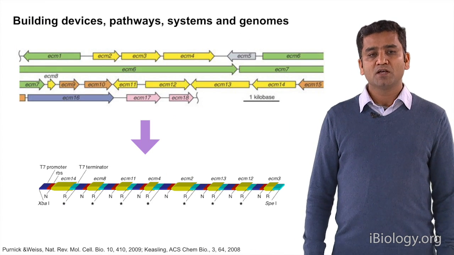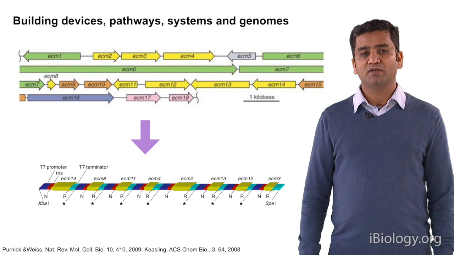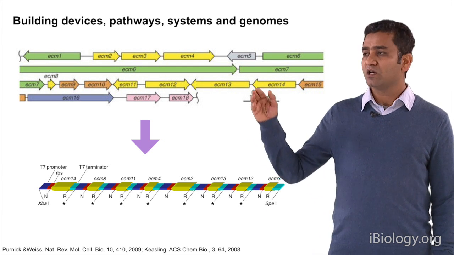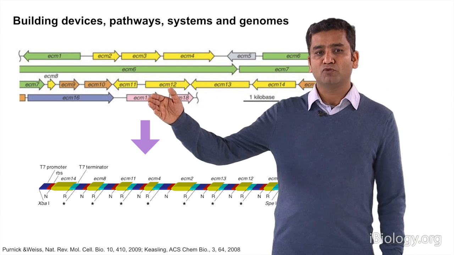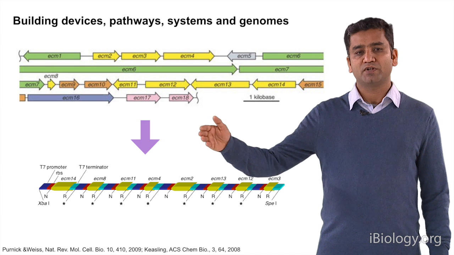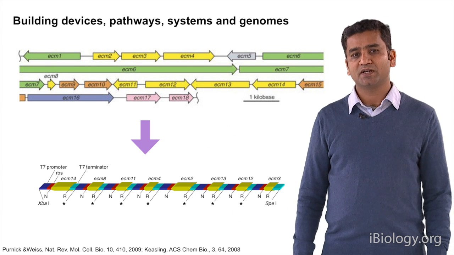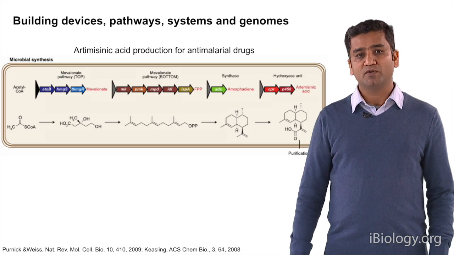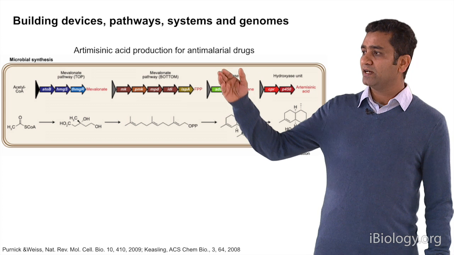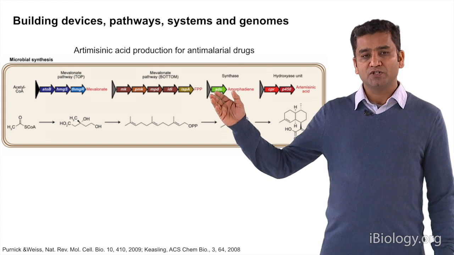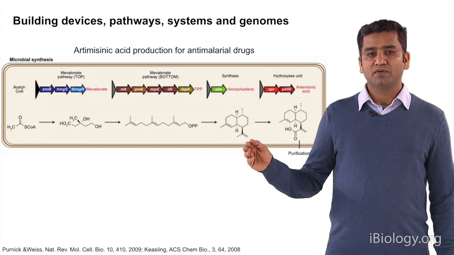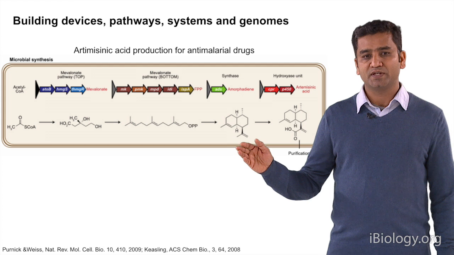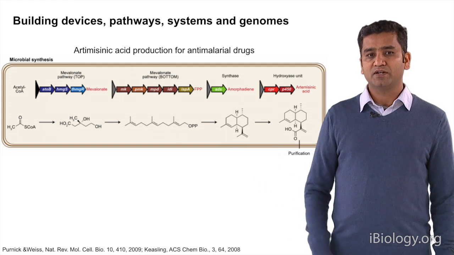Today I'm going to talk to you about a few of these challenges which can be generalizable across different applications. Researchers have developed a variety of approaches to take a gene cluster from one organism and put it across different organisms to express it and produce whatever chemical they are interested in. They've also designed and executed different genetic circuits. A variety of pathways have been built over the decades to produce particular interesting chemicals.